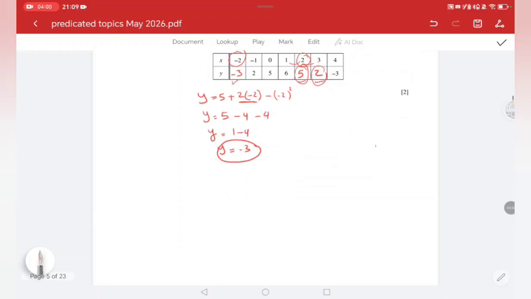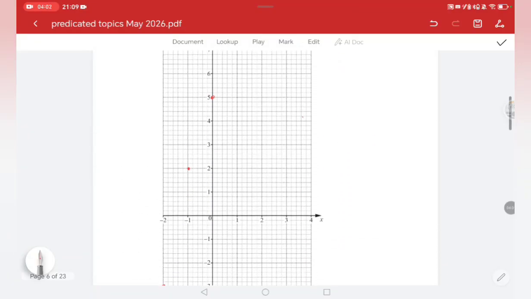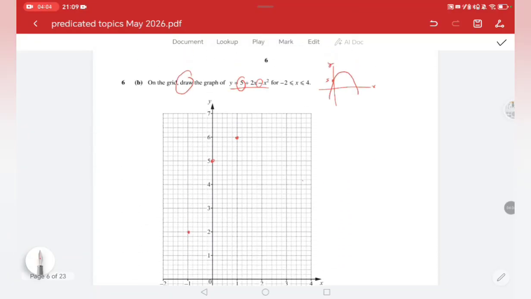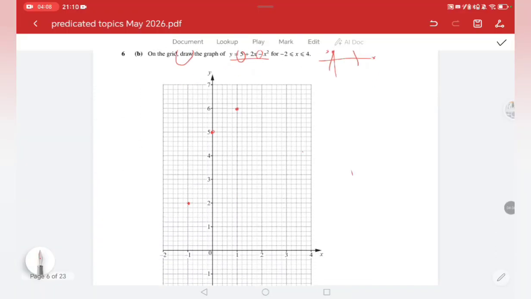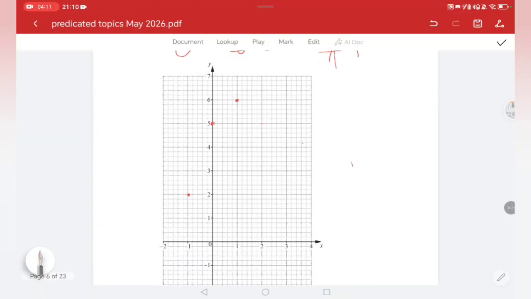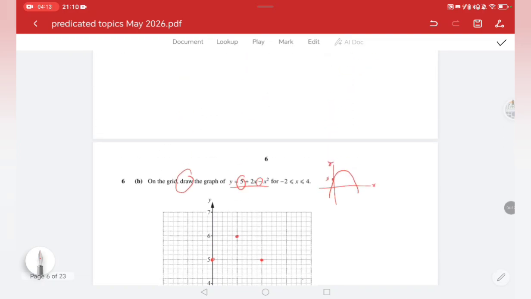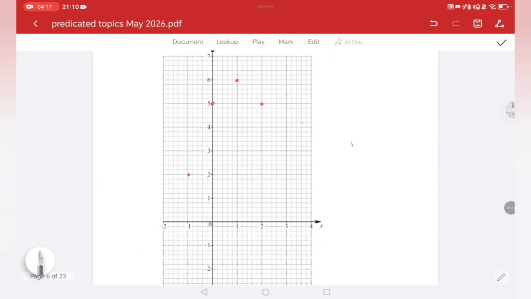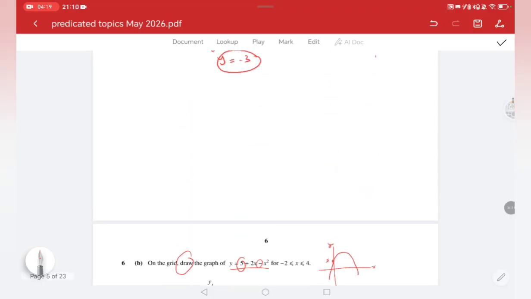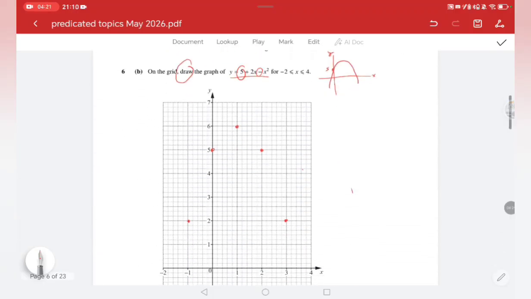Then 1, 6. Then 2, 5. Then 3, 2. Then 4, -3.